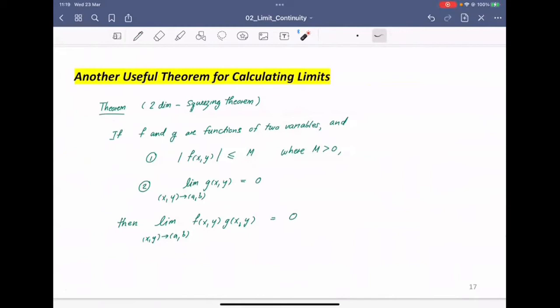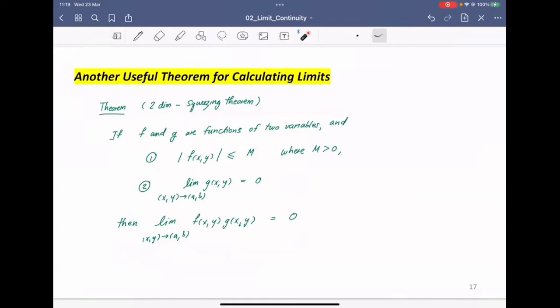Well, you may wonder, is it actually 0? If you want to show that the limit is 0, this is one way to do it. You have two functions. One function is bounded by m. Another function has limit 0. Then you can conclude that the limit of the product is indeed 0.